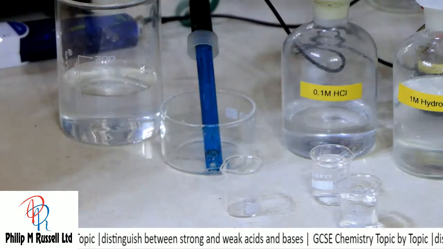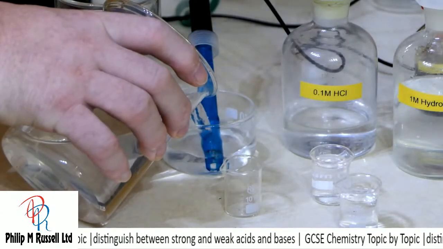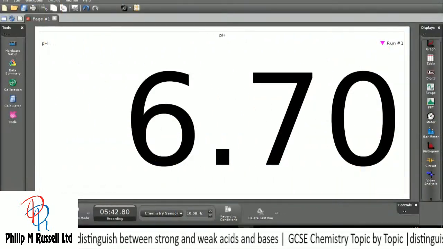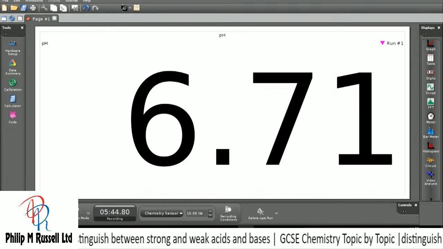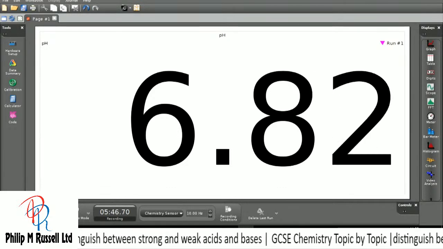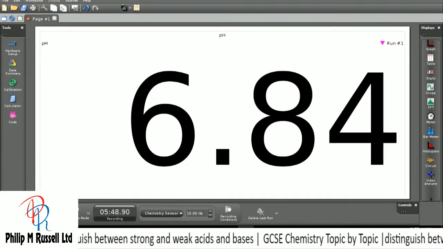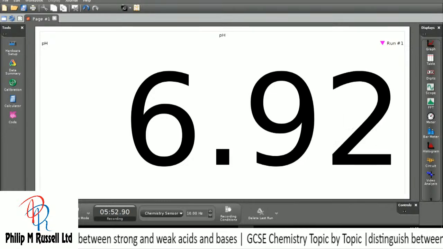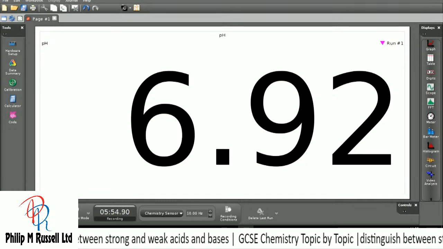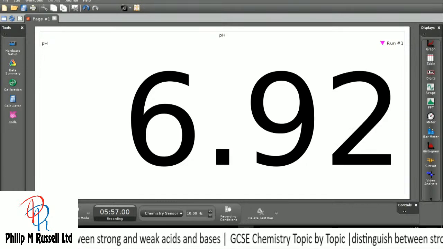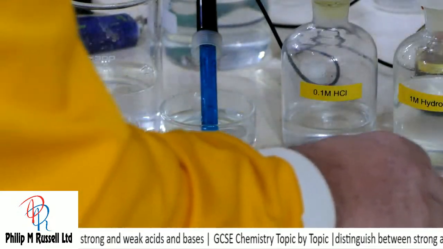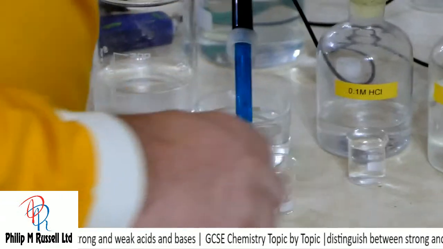Let's see, give it a good clean, and now back in water we should see that it's about 6.7, 6.82. It's getting there. Give it a few moments and it'll settle down. So we have already seen that these are different pHs.